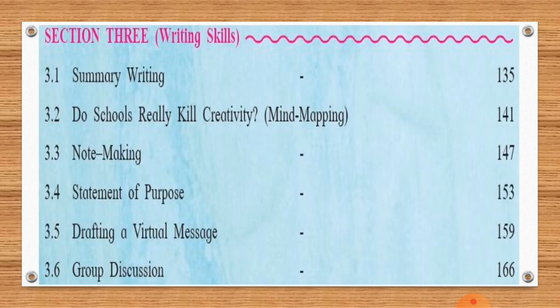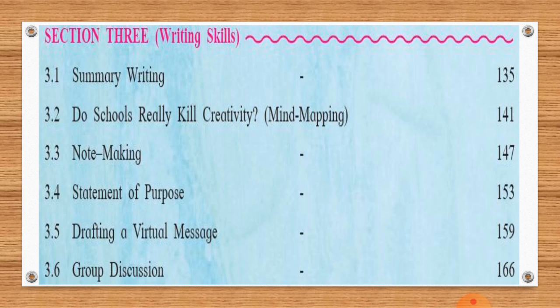Now let's be familiar with section 3 of our text, and this section 3 is generally focusing on all the writing skills. So through this section we have to discuss different writing skills such as summary writing. Then we have to focus on mind mapping.